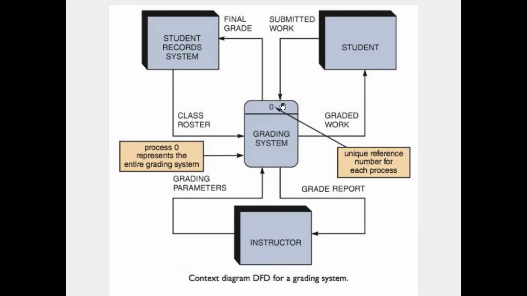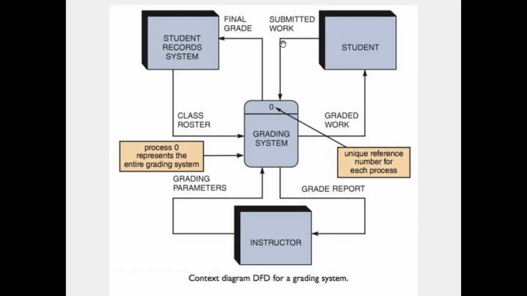So this arrow shows you how the interactions happen. One idea is that these indicate data items. So remember, these are data items. There are no verbs here. So for example, here you can see from the student record system, we get the class roster, right? The student list here. Then from the instructor, we'll get the grading parameters.